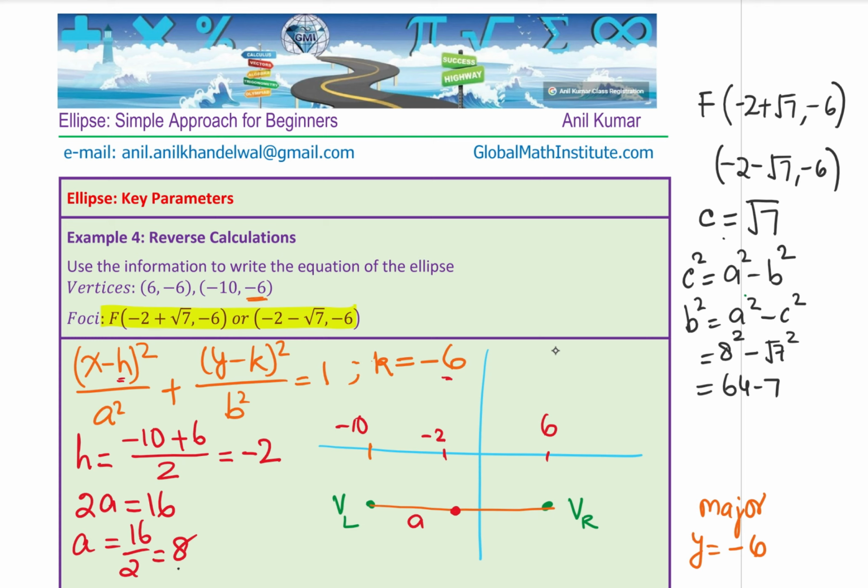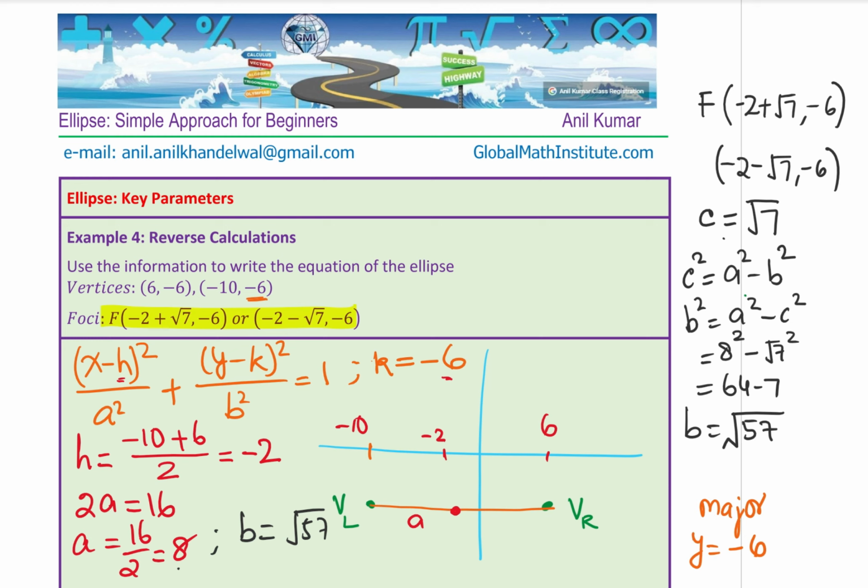So that is the value of b square. As far as b is concerned, b will be square root of 64 minus 7, which is 57, correct? So b is square root of 57. So we get the values of a, b, and c.